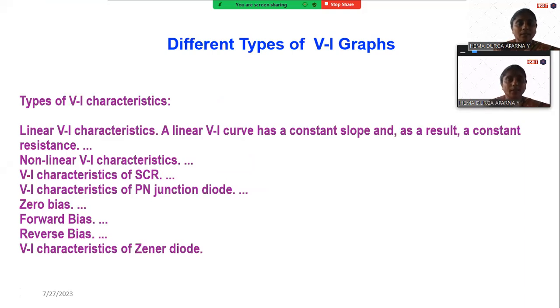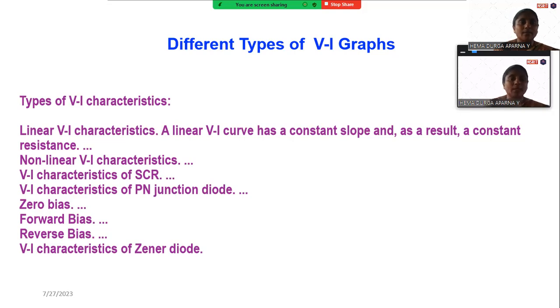VI characteristics are basically of two types: linear and non-linear. Linear VI characteristic means that if you observe the curve, you will observe a constant slope, and as a result, a constant resistance. Non-linear characteristic means you will observe some variations. The slope of the curve will give us an idea about the resistance value.